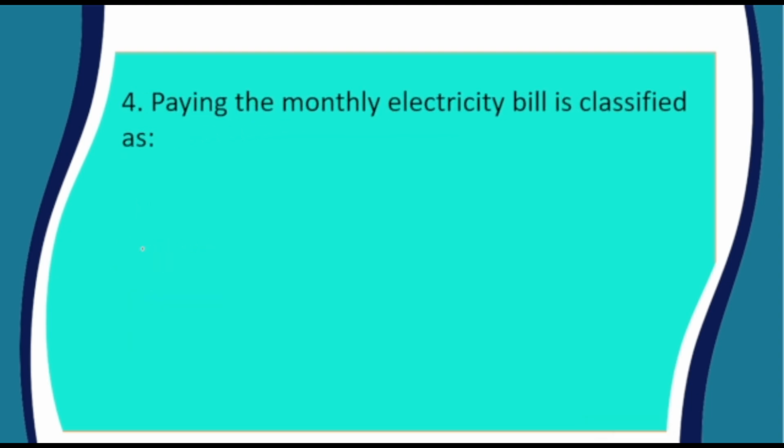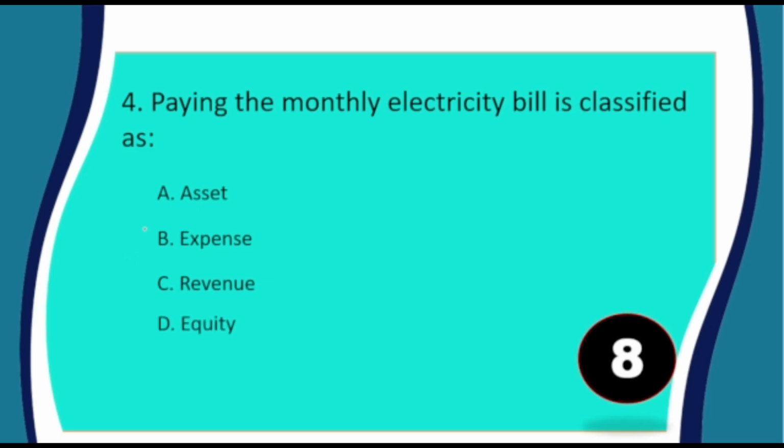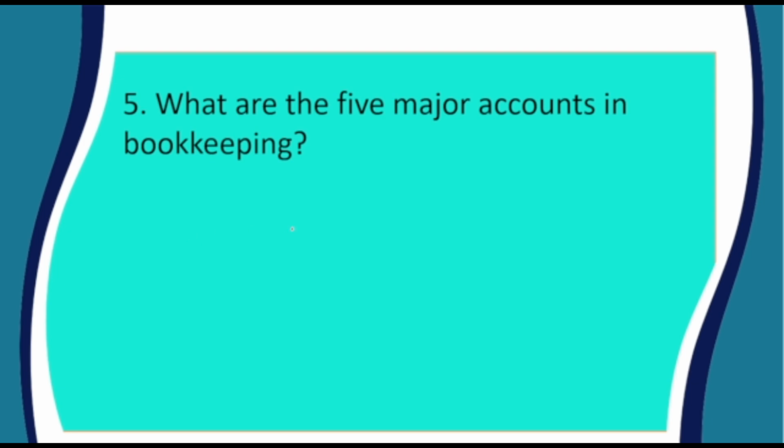Paying monthly electricity bill is classified as A. Asset, B. Expense, C. Revenue, and D. Equity. The correct answer is B. Expense. And last, what are the 5 major accounts in bookkeeping? A. Cash, sales, purchases, inventory, profit.